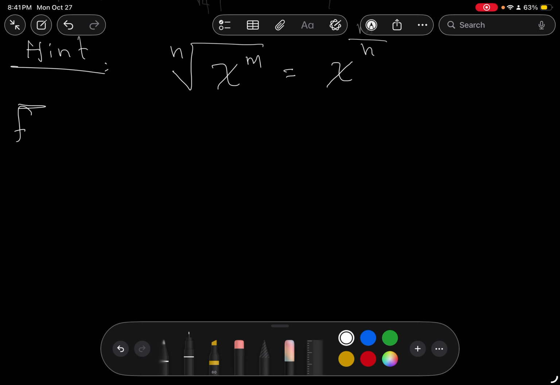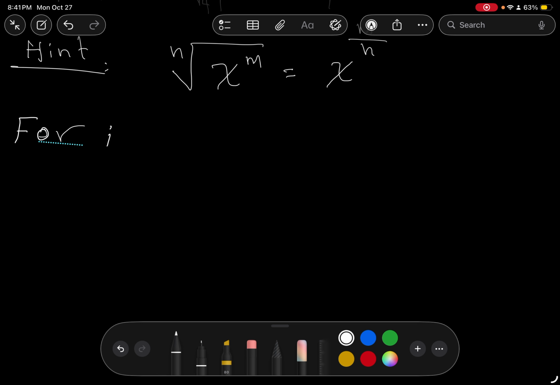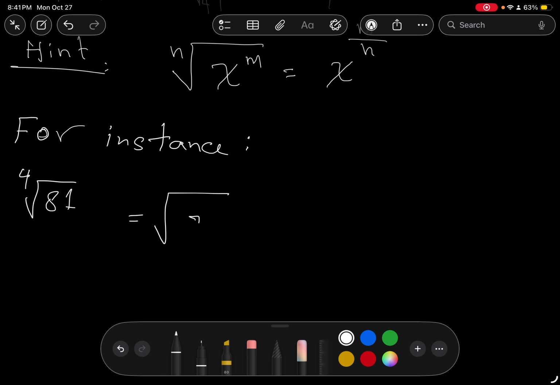For instance, the radical of 81 to the fourth equals 3 to the fourth.